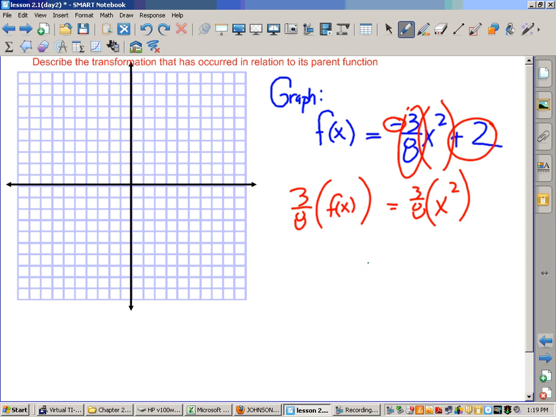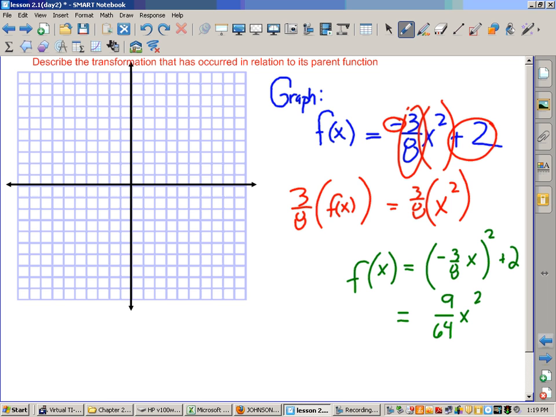If I write that function up there like this, typically in Algebra 2, we're not going to talk about graphing a horizontal stretch of 3/8. What we're going to do is change this and say, oh, it's easier to draw myself a vertical compression of 9/64.